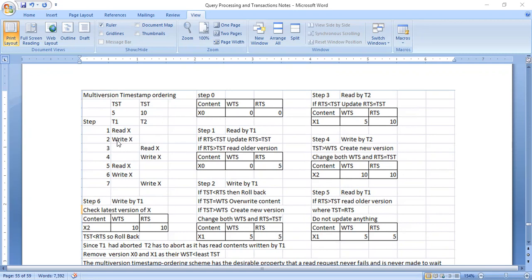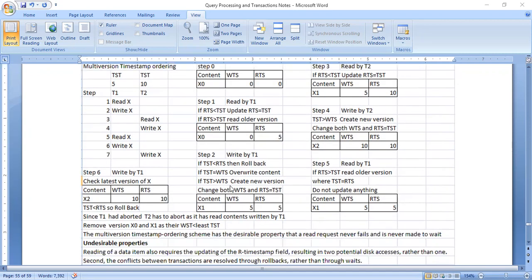The next instruction is write X, by transaction T1. Whenever there is a write instruction, we follow three different rules. In this particular case, what we observe is the third condition: if TS is greater than WTS. Here WTS is 0 and the TS of the transaction executing this write instruction is 5. So the third condition is true.